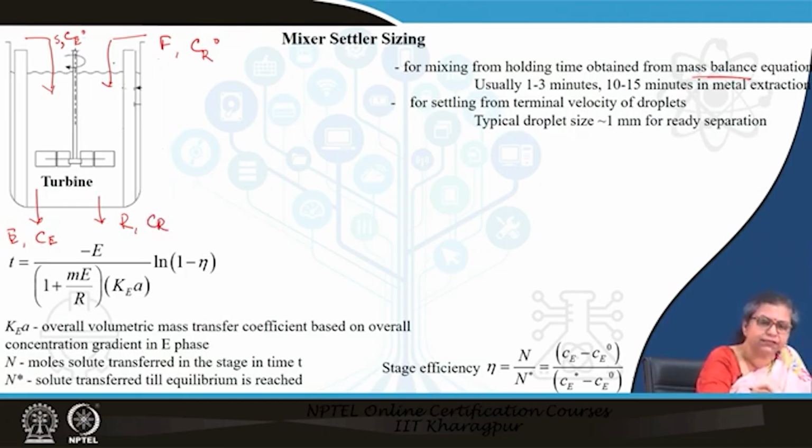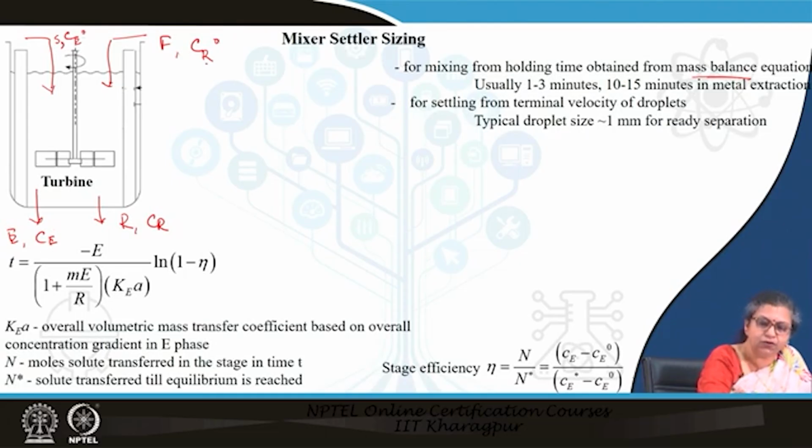If we assume that the solvent and the feed liquid are completely immiscible with one another, and we are expressing these concentrations in terms of solute free bases, then R becomes equal to F, S becomes equal to E, and the concentration in the extract changes from Ce0 to Ce.